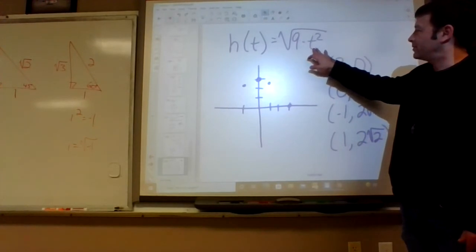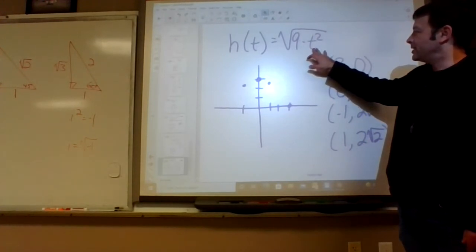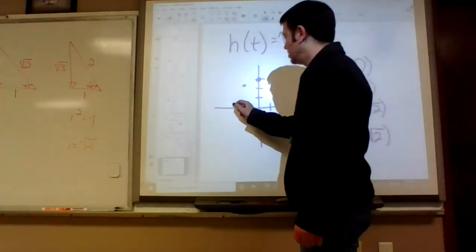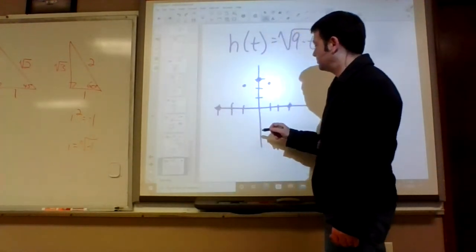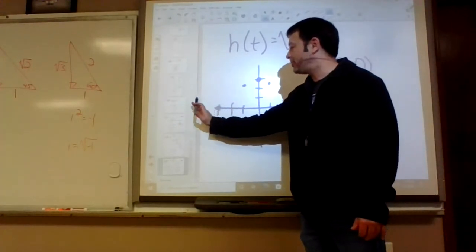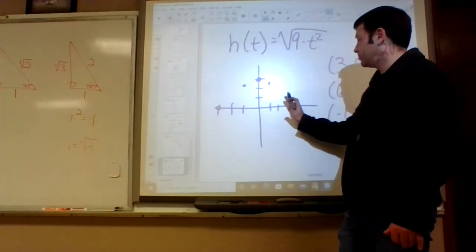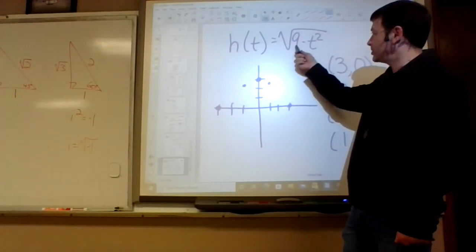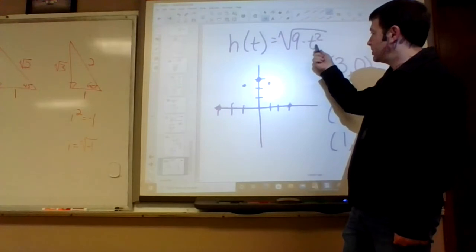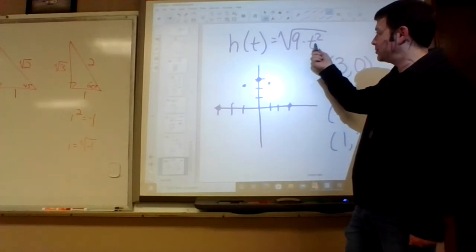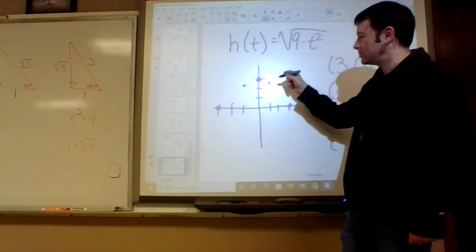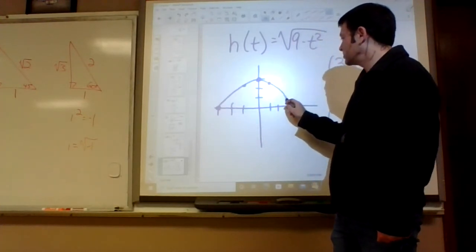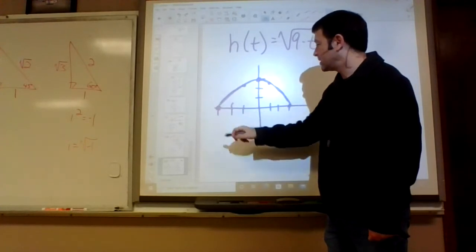If I plug in negative 3, negative 3 squared is positive 9, which would come down to 0 also. So I can't go past negative 3 and I can't go past 3, because anything bigger than 3 will be bigger than 9. Same thing with negative 3. If I plugged in negative 4 squared, that would be 9 minus 16. That doesn't work. So it's between these two.